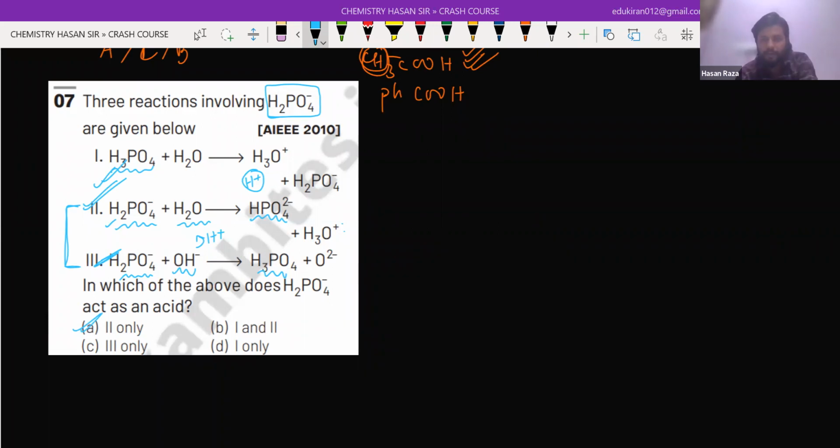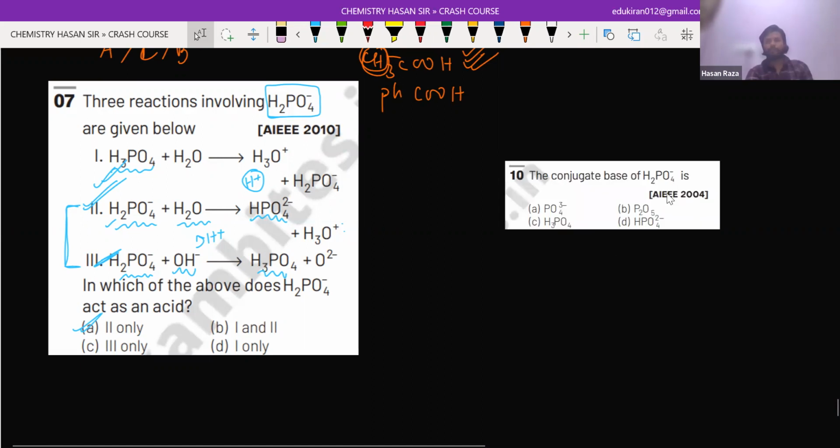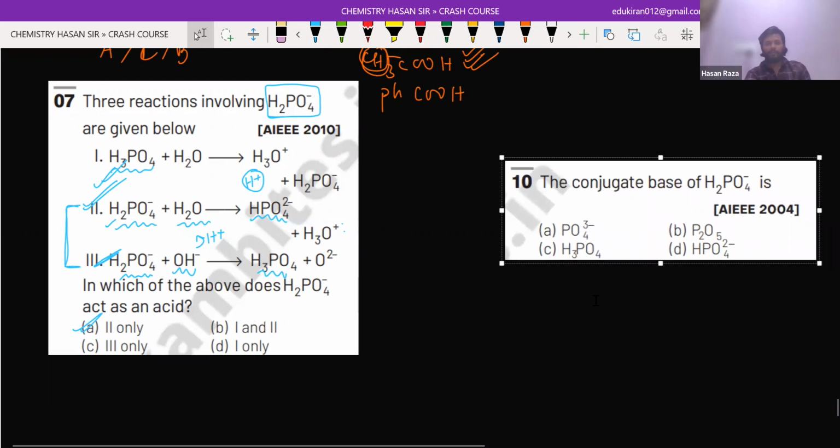Everyone is aware of conjugate acid and conjugate base, right? Quite easy. You need to tell me the conjugate base.